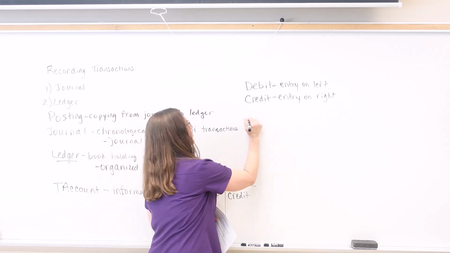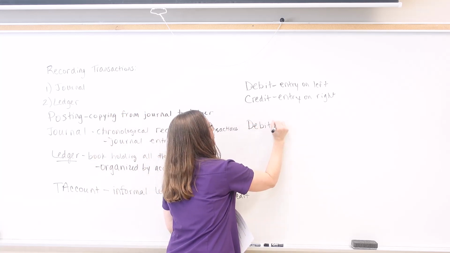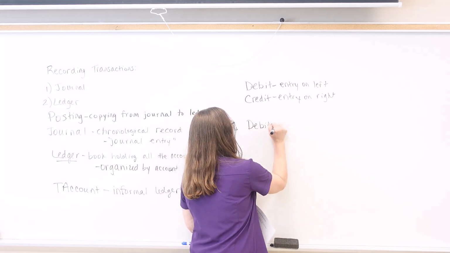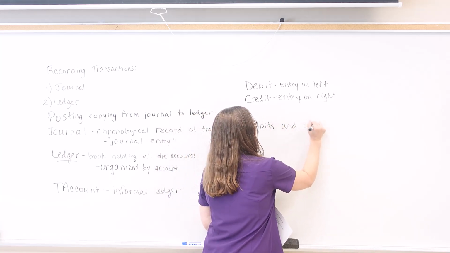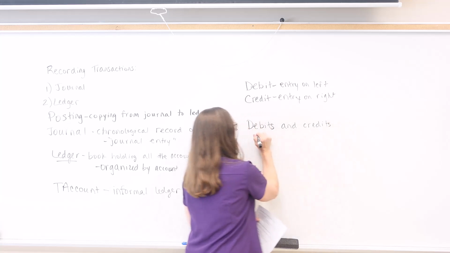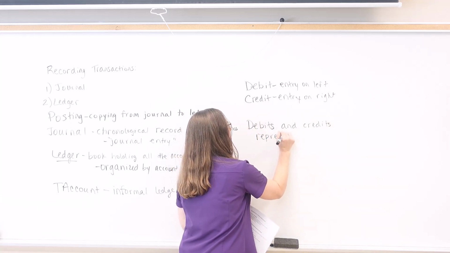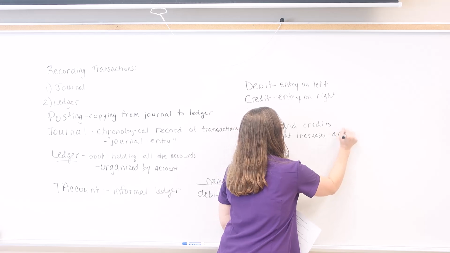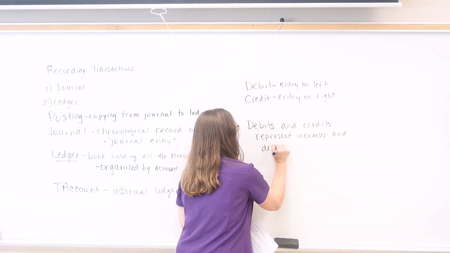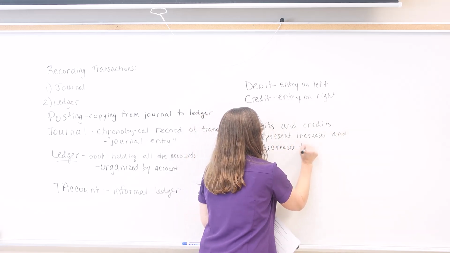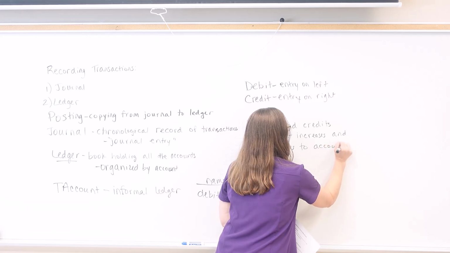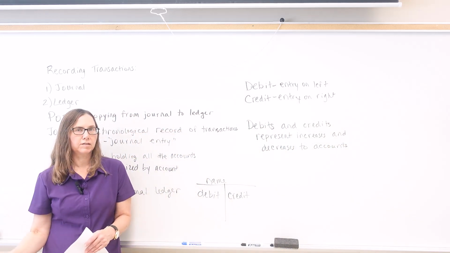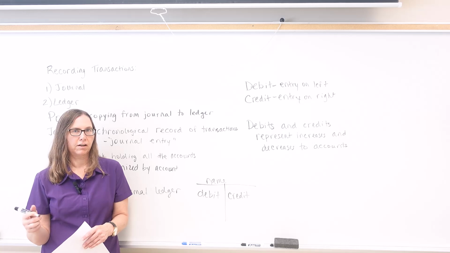Debits and credits represent increases and decreases to the accounts. But whether something is an increase on the debit side or the credit side depends on the type of account.